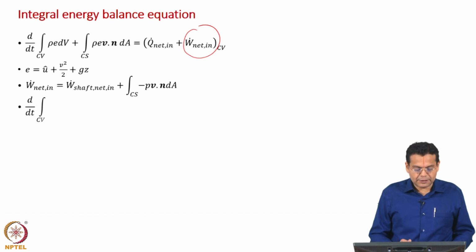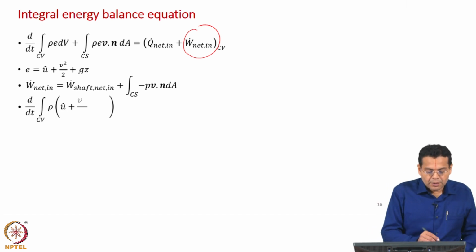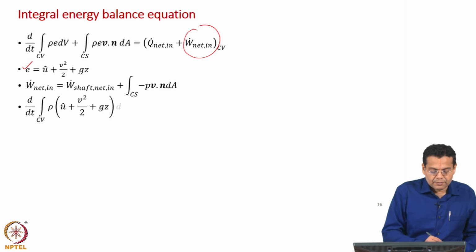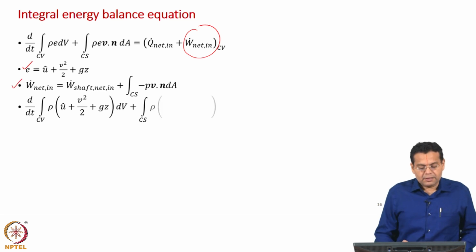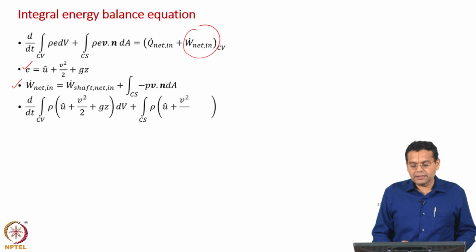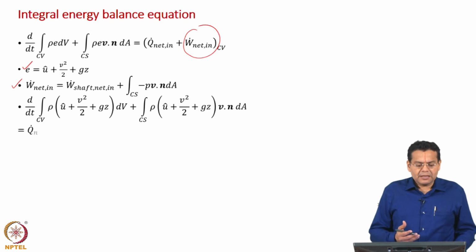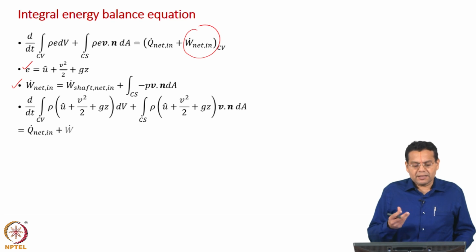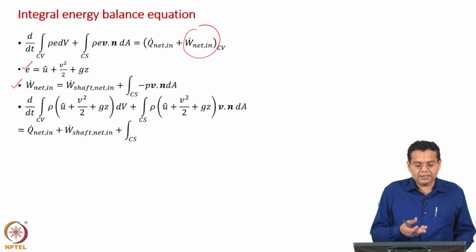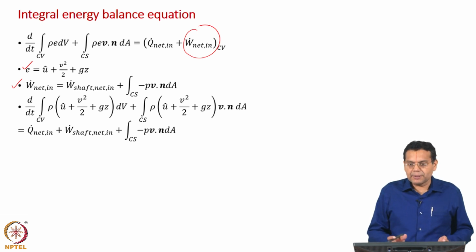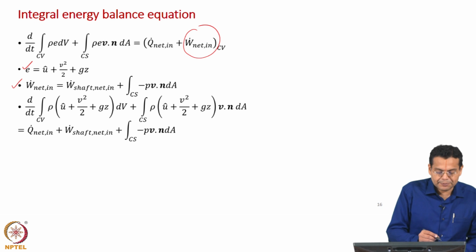So, let us substitute both for E and for the rate of work done term in the integral balance equation, because E is only a notation, it is only representation. Only if expressed in terms of internal energy, kinetic energy, potential energy, the equation is complete, it is in terms of usually measured variables or known variables. So, what has been done?